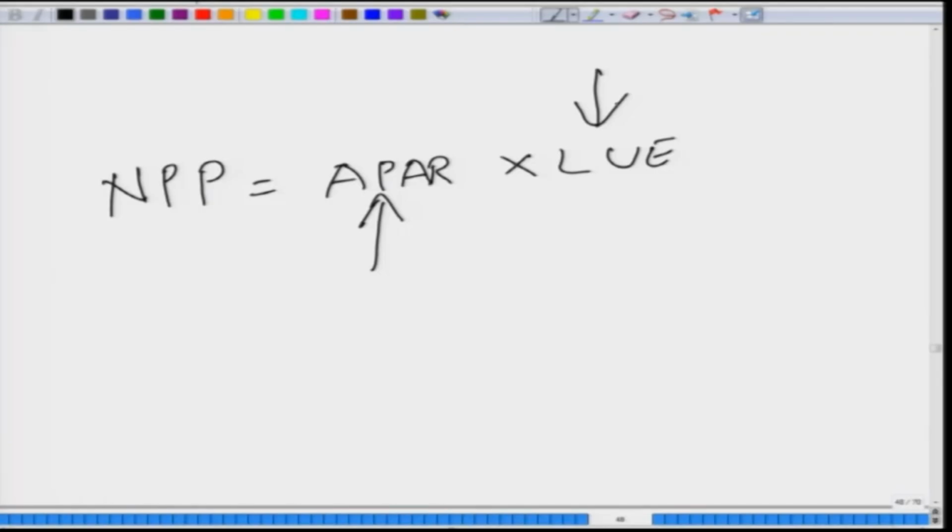So, the part of the photosynthetically active spectrum that is absorbed by the plants is known as APAR, or absorbed photosynthetically active radiation. Light use efficiency, on the other hand, is the efficiency of the plants to convert this absorbed photosynthetically active radiation into biomass.